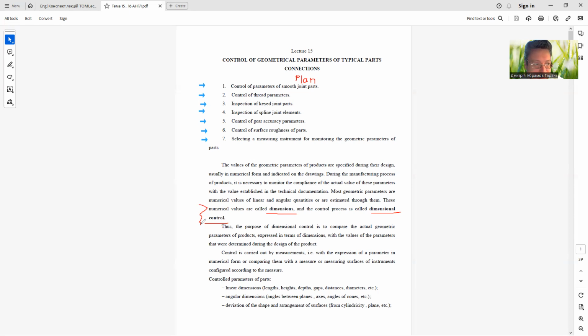Control parameters of parts. Linear dimensions: lengths, heights, depths, clearances or gaps, distances, diameters, etc. Angular dimensions: angles between planes, axes, angles of cones, etc. And deviation of the shape and arrangement of surfaces from cylindricity, plane, etc. So, please write down to your notes the control parameters of parts.